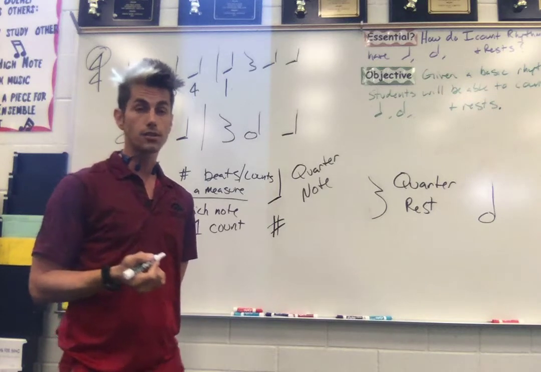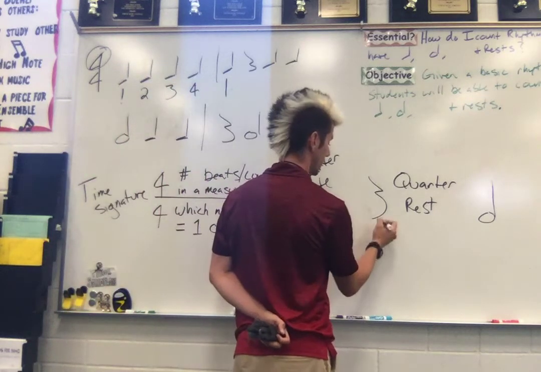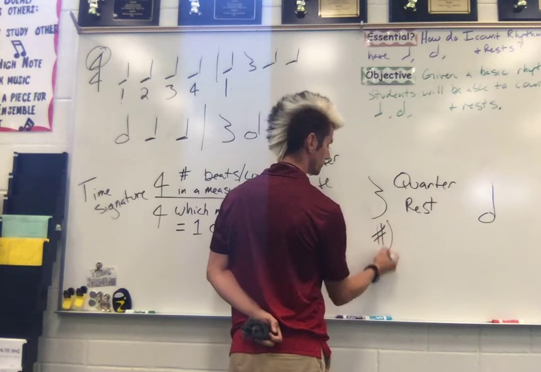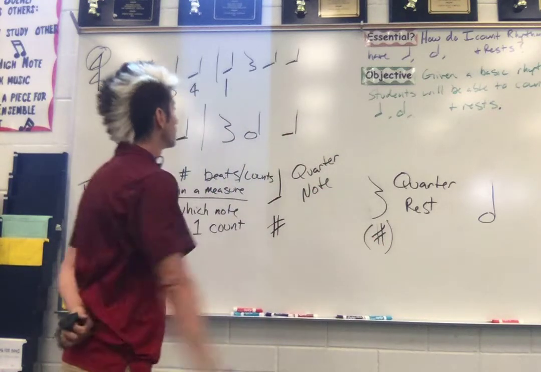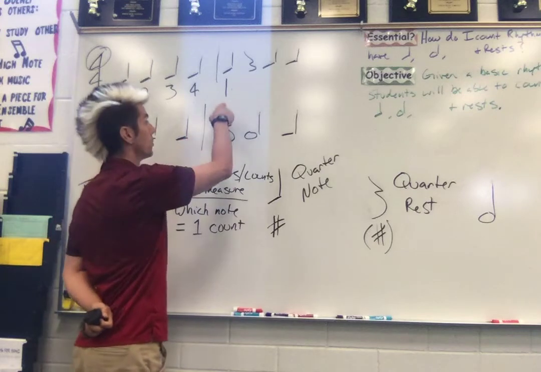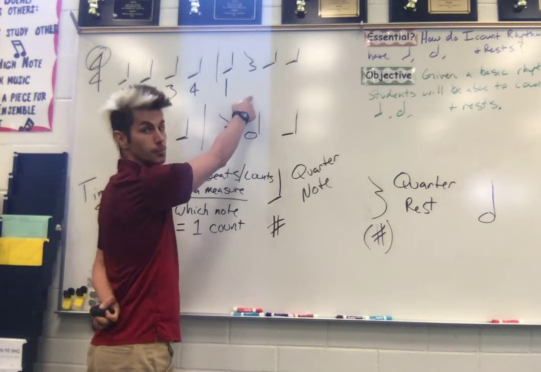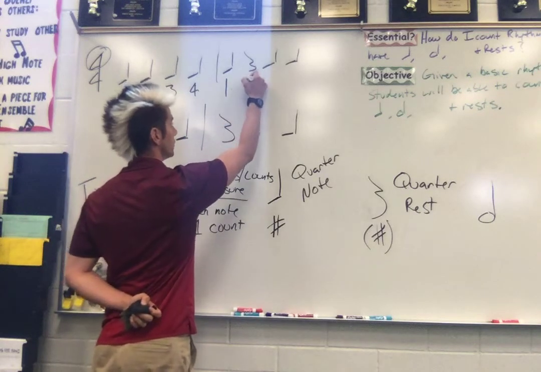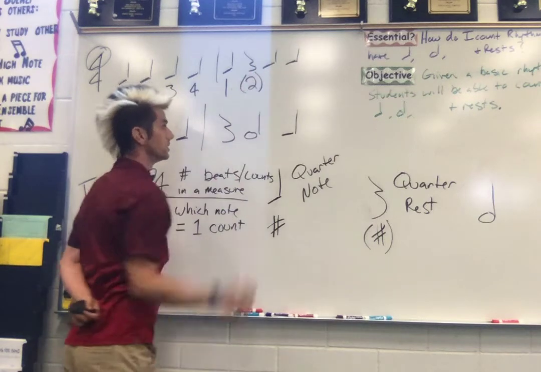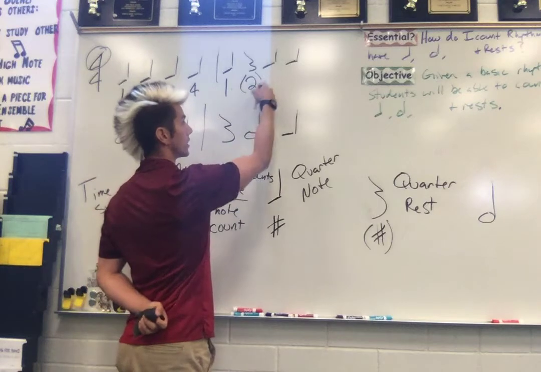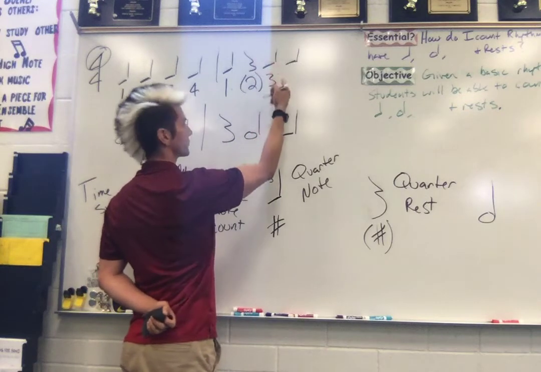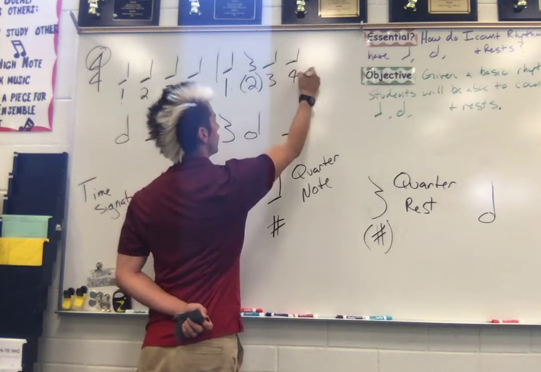The way that we show silence when we're writing in the counts is it's going to get a number. We're going to put that number in parentheses. So what count would come here? We just had 1, so this must be, yep, that's right, 2. So we write in a 2, and we put it in parentheses. It's getting a number. So we have another quarter note. What comes after 2? 3. What comes after 3? 4. And we're going to end of the line, go to here.